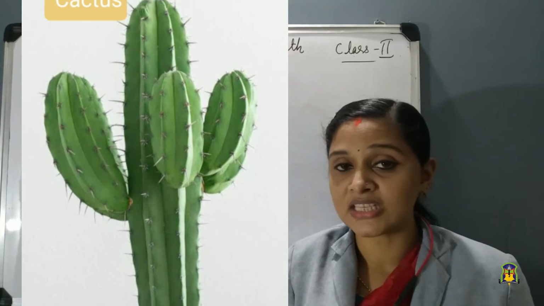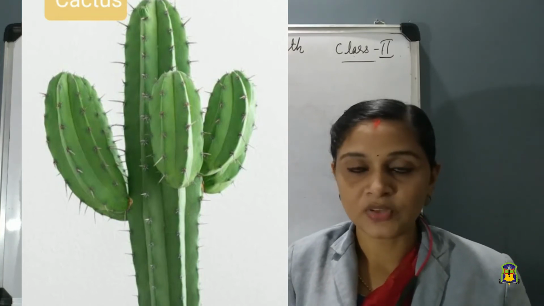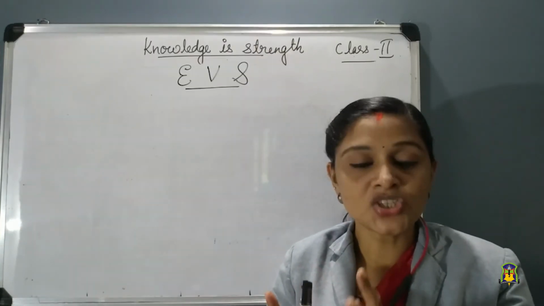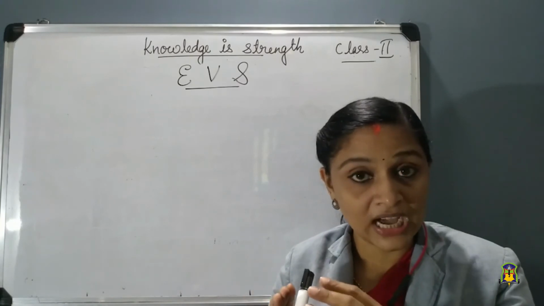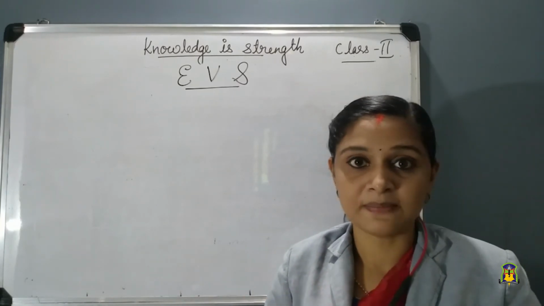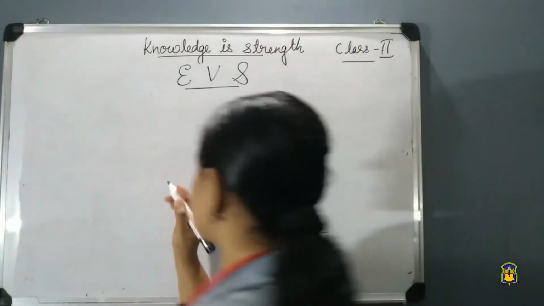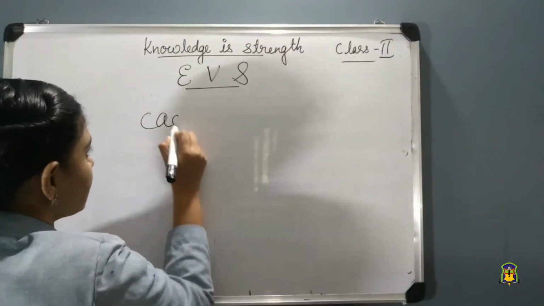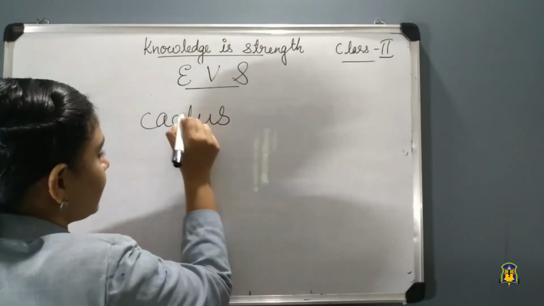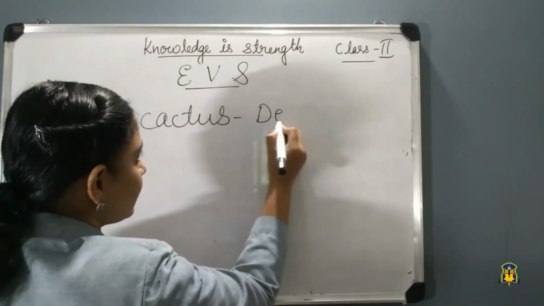Actually, desert areas are very dry and hot. That is why the cactus plant stores a large amount of water in the stem. So cactus plant we can see in desert areas. Cactus, C-A-C-T-U-S. Cactus plant, where we can see: desert.